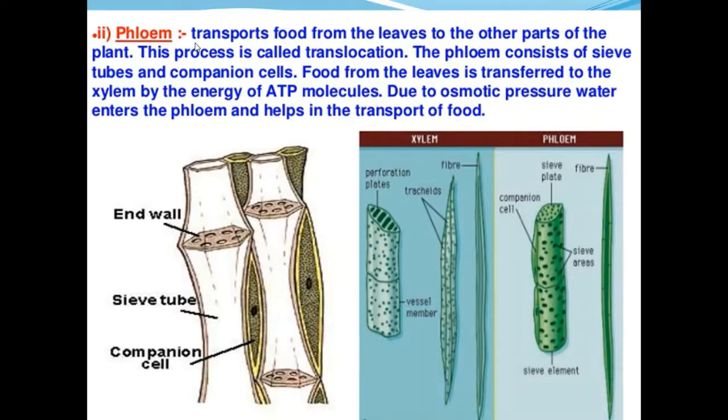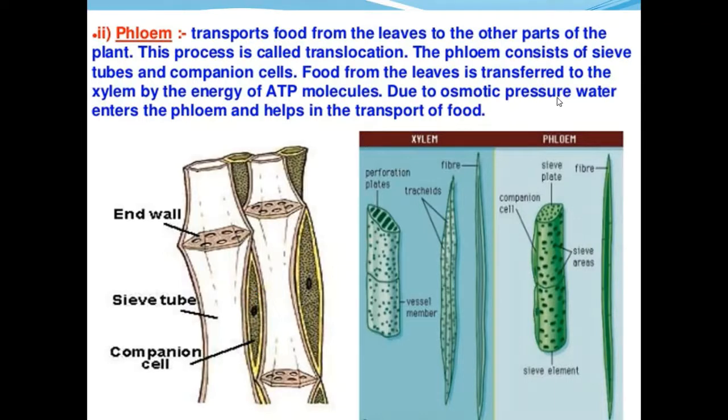Now let us talk about phloem. Phloem transports food from the leaves to all the other parts of the plant. The process is known as translocation. Phloem consists of sieve tubes and companion cells. As you can see in the diagram, the sieve tube cell and the companion cell over here, the supporting cell.